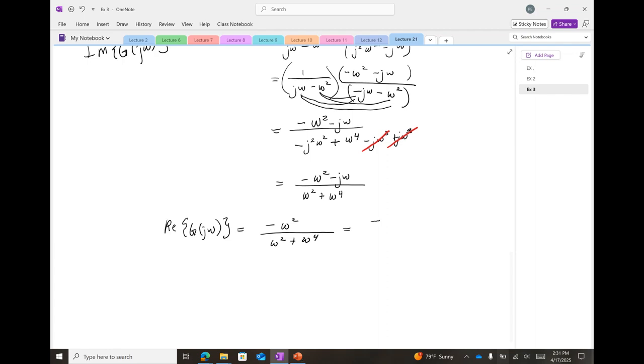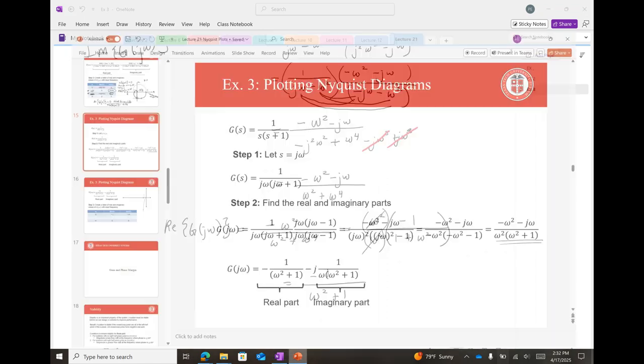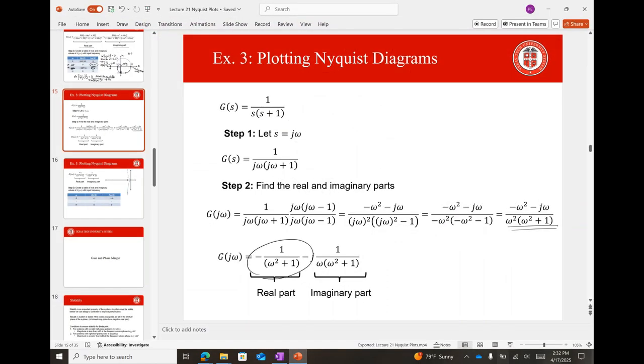If we pull out omega squared, we get minus 1 divided by omega squared, 1 plus omega squared. So something like this, so these will cancel. So the real part, we're left with negative 1 divided by omega squared plus 1. So that's where this is coming from.